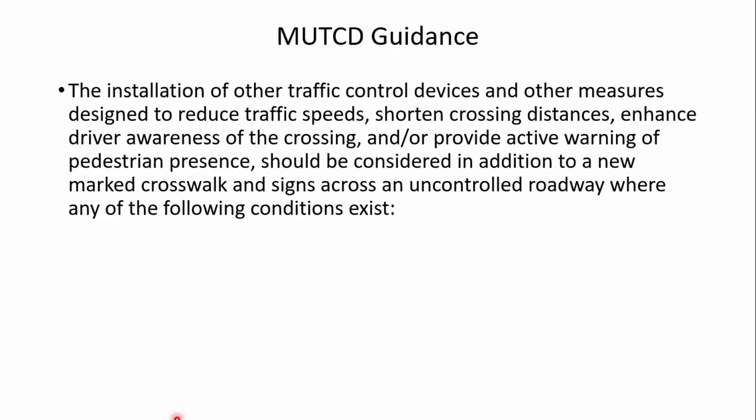They also say that the installation of other traffic control devices and other measures designed to reduce speeds, shorten crossing distance, enhance driver awareness of the crossing, and/or to provide active warning of pedestrian presence should be considered in addition to a new marked crosswalk and signs across an uncontrolled roadway where any of the following conditions exist.